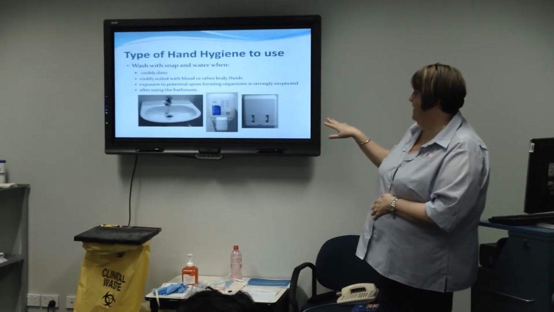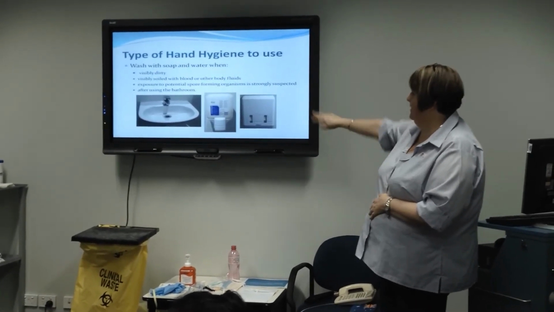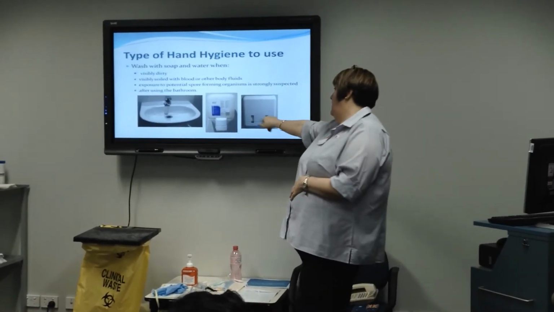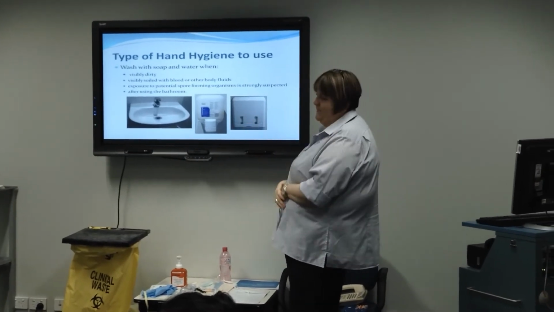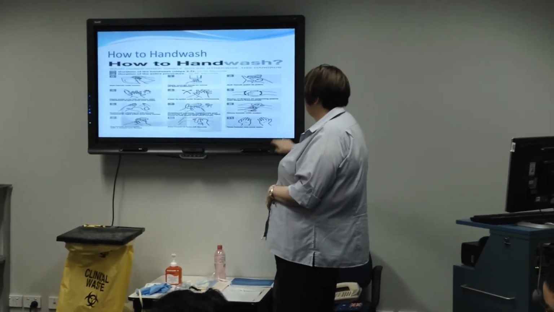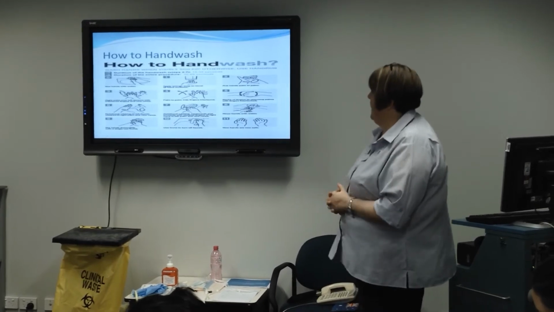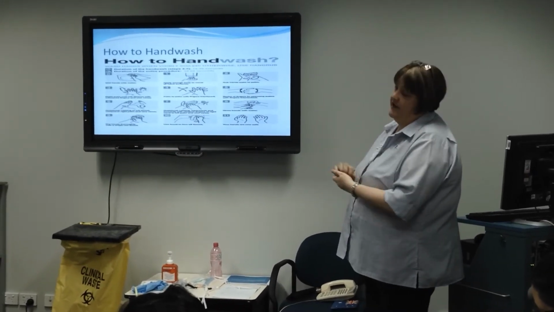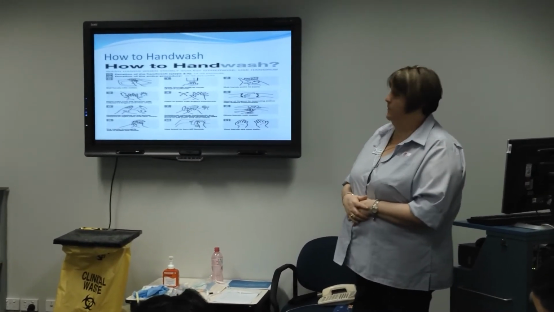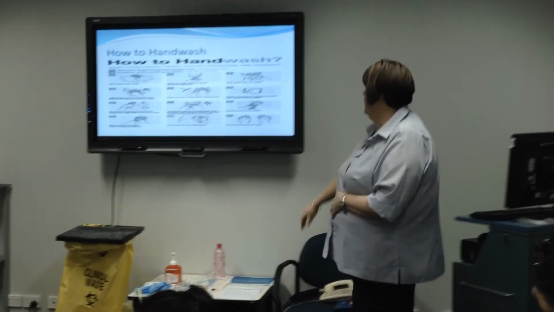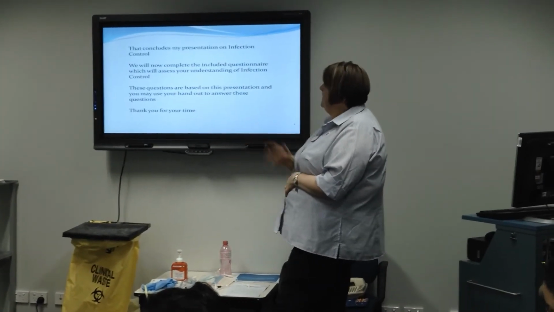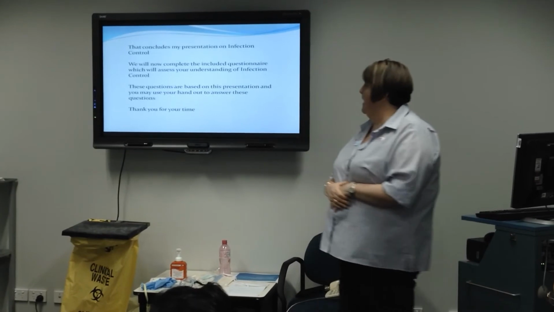They have the microshield as your soap and then your paper towel to help you with that. And then once again, there's just a handout there of how to actually clean your hands and what's expected when you're cleaning them. Okay. Now, that concludes my presentation.